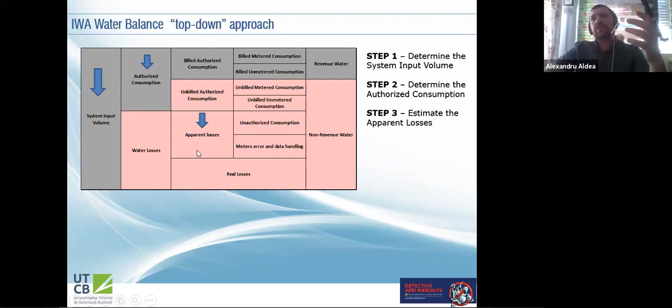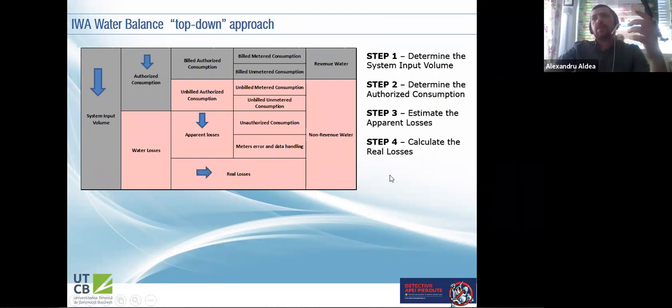The third step is you have to estimate the apparent losses. So you will have some data for unauthorized consumption and meter error, you add those two, and you have the apparent losses. So now you have billed authorized consumption, unbilled authorized, and apparent losses.